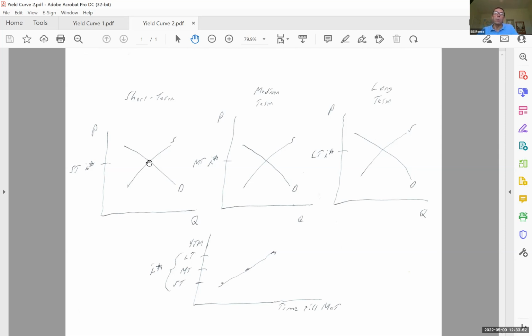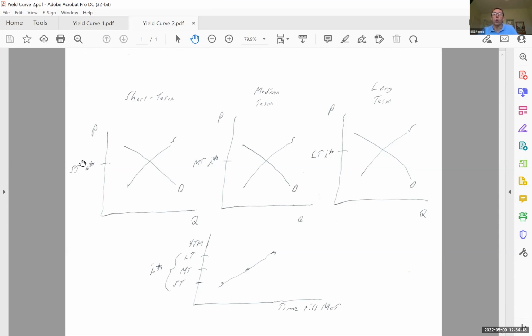This is going to be the quantity of money that is borrowed and lent. And by the way, the amount of money borrowed has to be equal to the amount of money loaned, because you can't borrow money unless somebody's willing to loan it, and you can't loan money unless somebody's willing to borrow it. So this is the equilibrium quantity right here. More importantly, this I star is going to be the equilibrium price, or the equilibrium interest rate.